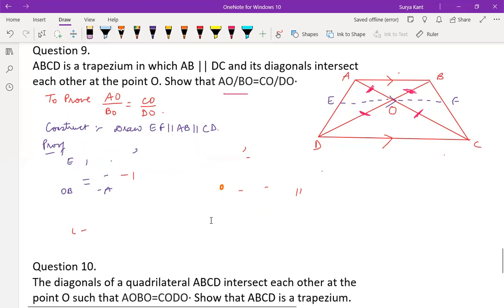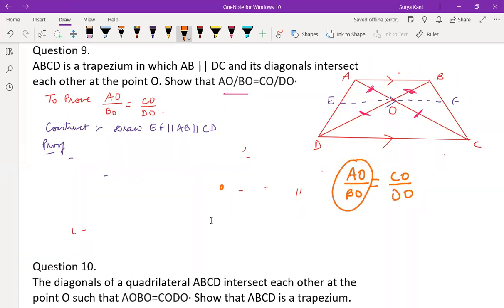They both will be equal. We will change the places and get the answer by cross multiplication. See, first we have to get AO like this. We should get AO by BO is equal to CO by DO, correct?